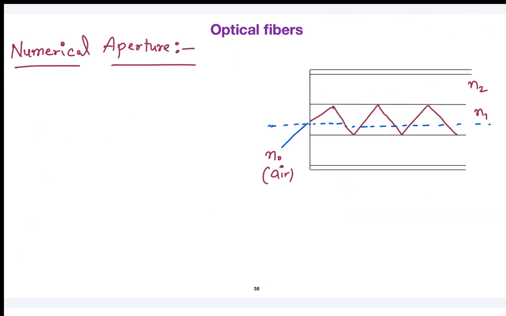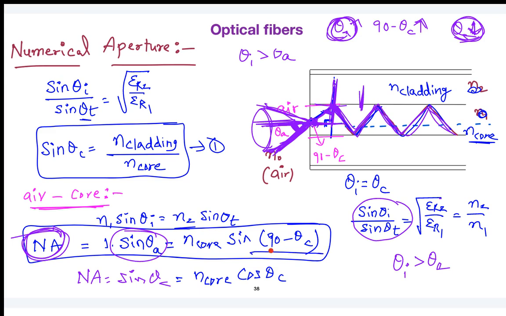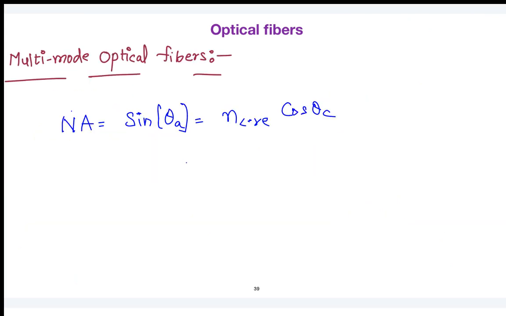So let me write it down here: numerical aperture is equal to the sine of the maximum acceptance angle, equal to the refractive index of the core into sine of 90 minus theta c. You can see here sine 90 minus theta c is cos theta c. And if you want to write it in terms of refractive index, this can be root of 1 minus sine square theta c.